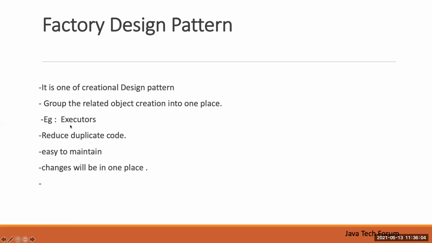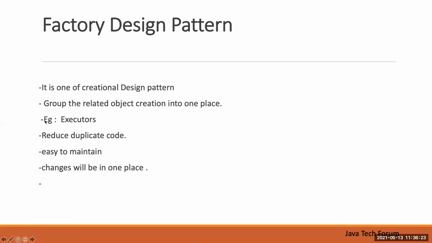It's a normal Java class, a factory class, which will produce the required objects to get the thread pool object. It will produce all the related thread pool objects. That is called the factory design pattern.